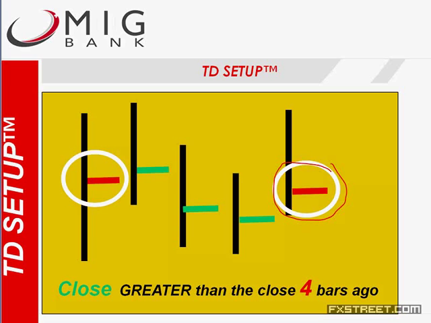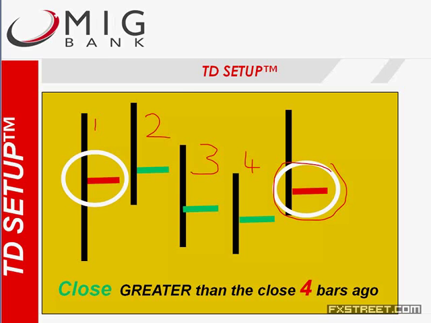If I show you here, this is bar 1, bar 2, bar 3, and bar 4. So for that reason, this price bar here, because the close is greater than the close 4 bars in history, we get the activation or the initiation of the setup process.